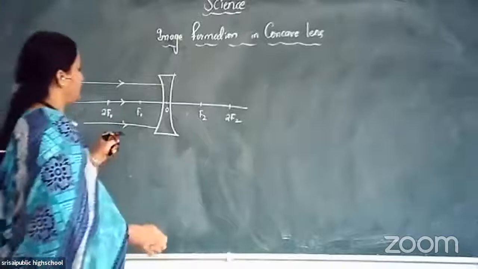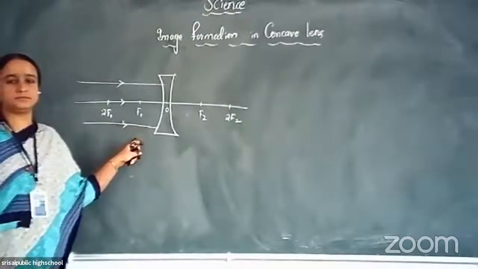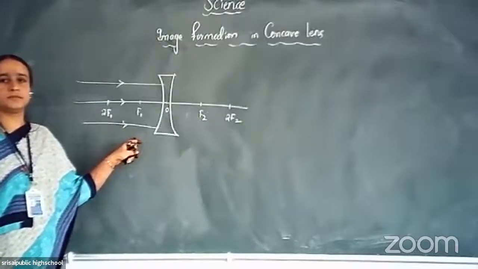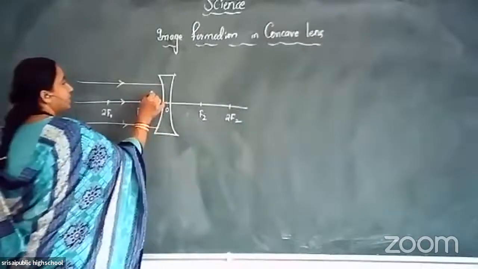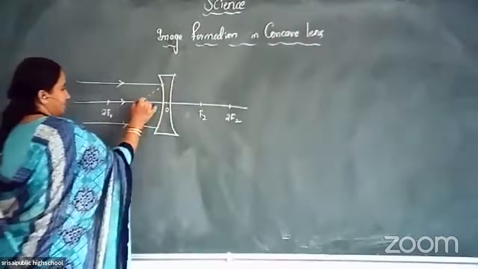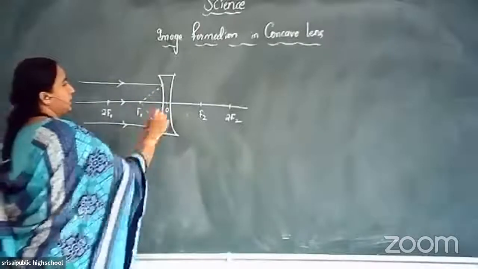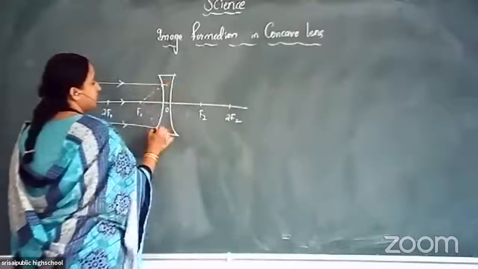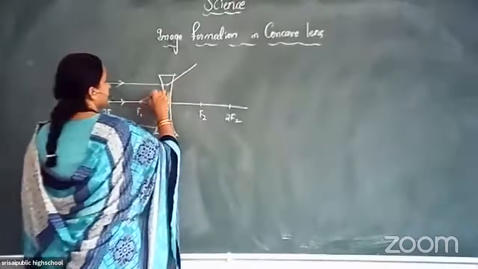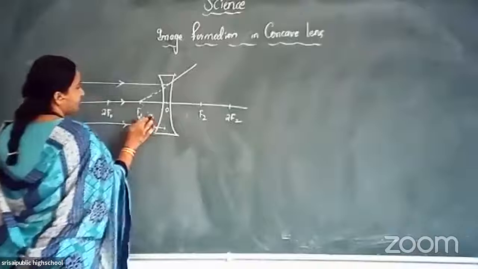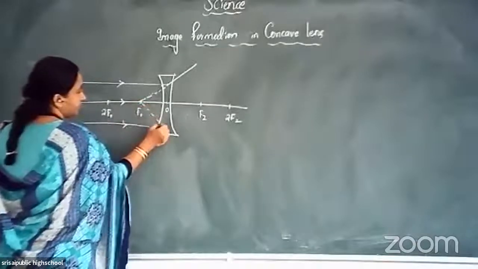At least tell me, where is the image obtained? At focus F1. At focus F1, very good. You are going to get the image at the principal focus F1, and from here the ray is getting refracted.